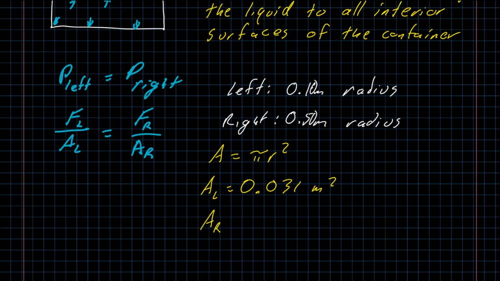And then the area on the right, will that be 0.25, a quarter of pi, which I used to know offhand, but I do not remember now. 0.79. We've got very appreciable differences.